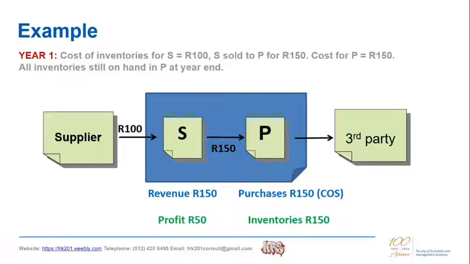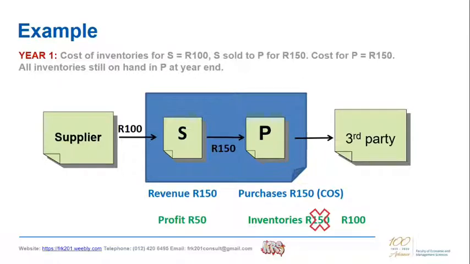Based on the principles we've discussed earlier, that inventories is overstated for group statement purposes. They have to be measured in the group at the cost price paid for these inventories to a supplier outside of the group, to a third party. So what needs to happen is that the inventories must only be measured at 100 Rand for group statement purposes.